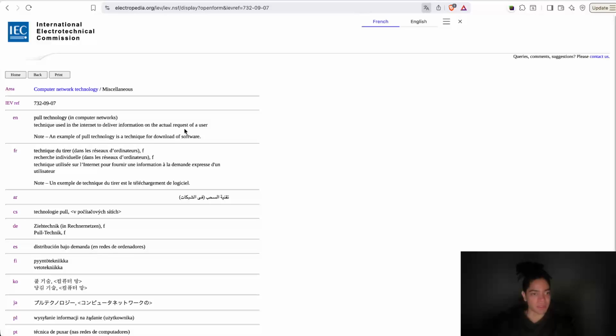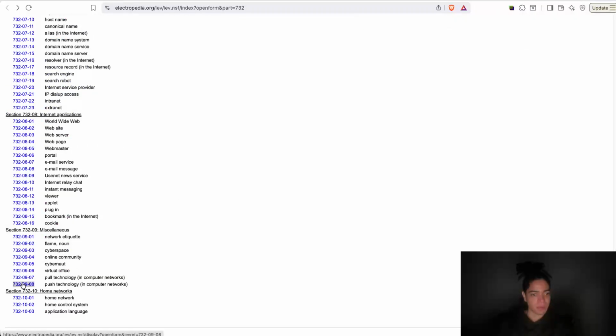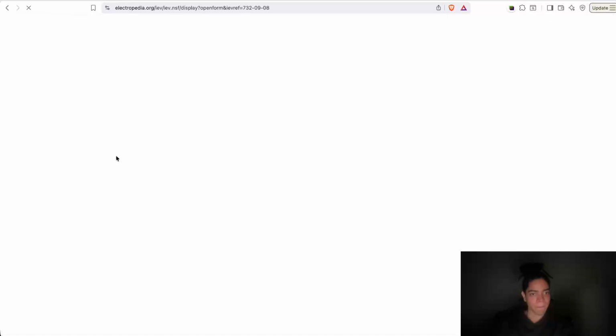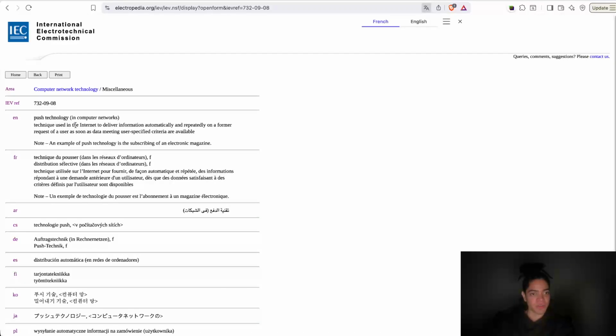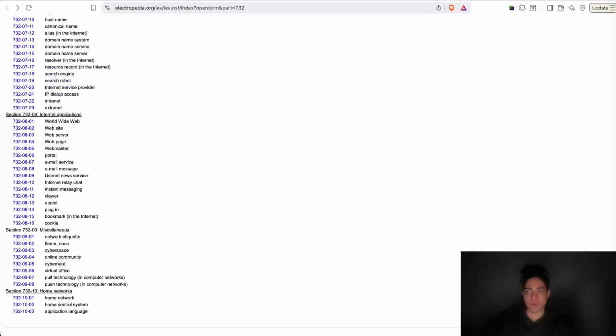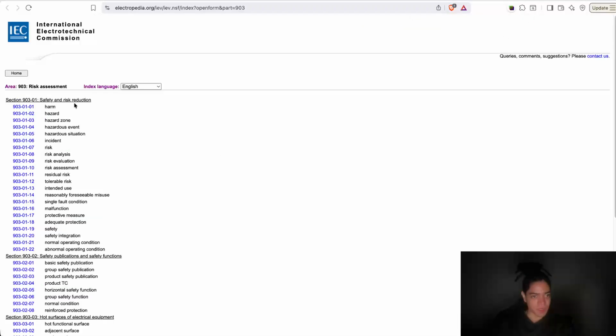Pull technology. Okay. And push technology: a technique using the internet to deliver information automatically and repeatedly, without a formal request from a user, as soon as data meeting the user's specification criteria is available. Holy moly, bro. Safety and risk reduction.